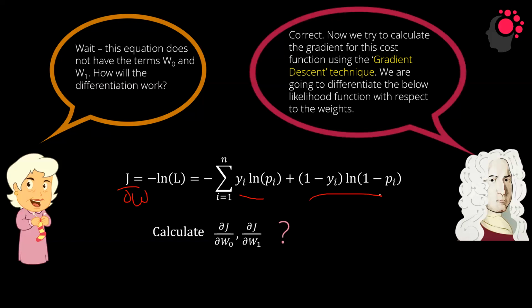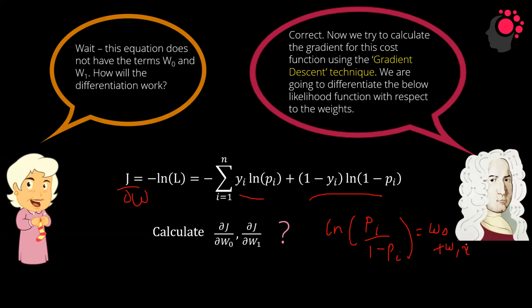But as you notice, that term is not directly here, but indirectly it is there. And what do I mean by indirectly? We already know from the previous discussion that ln of Pi by 1 minus Pi, which is the odds ratio as we discussed earlier, is equal to W0 plus W1x. So it is lurking somewhere, behind the scenes.